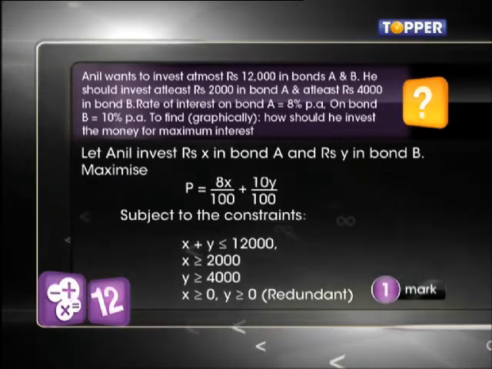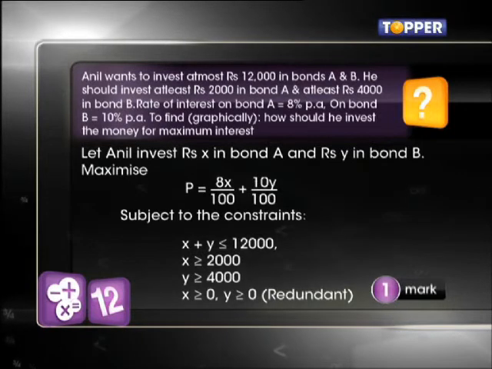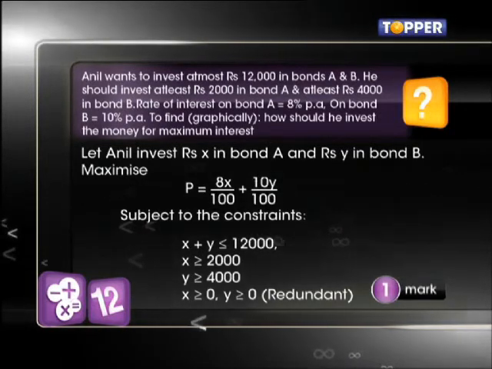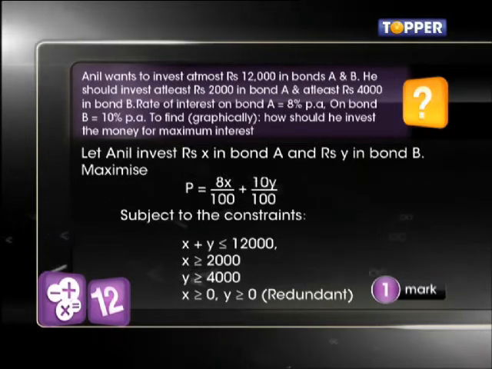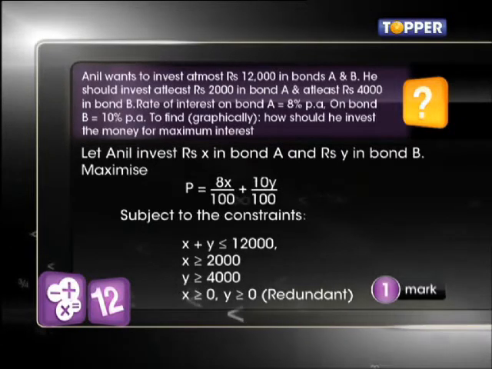The non-negativity constraints are redundant because of the constraints x ≥ 2,000 and y ≥ 4,000.